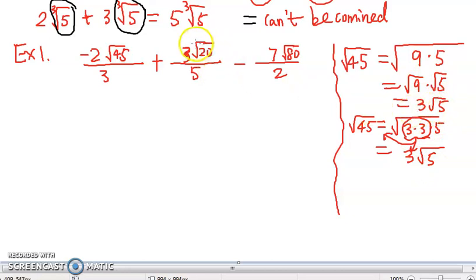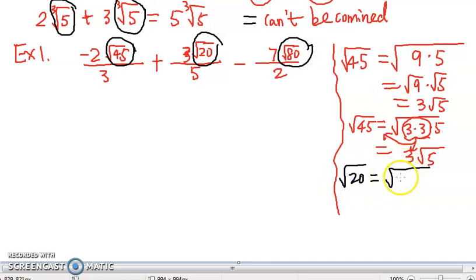Now, similarly, we can work out the other 2 radicals. Before we do anything, we have to check whether those radicals are reduced or not. So let's work on square root of 20. Similarly, if we do the quicker way, we can see that square root of 20 contains a perfect square, 4.